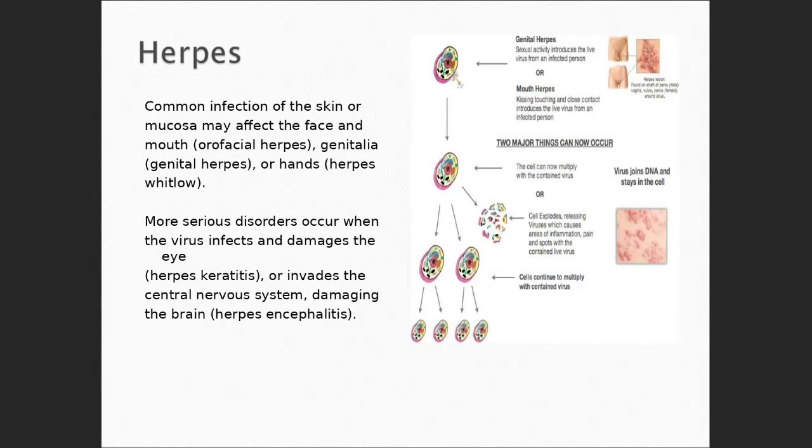So again, this can be a real serious infection. We tend to only think about it as causing cold sores and sexually transmitted infection lesions on the urogenital area, but it can be much more serious than that, right? So, any questions about herpes?